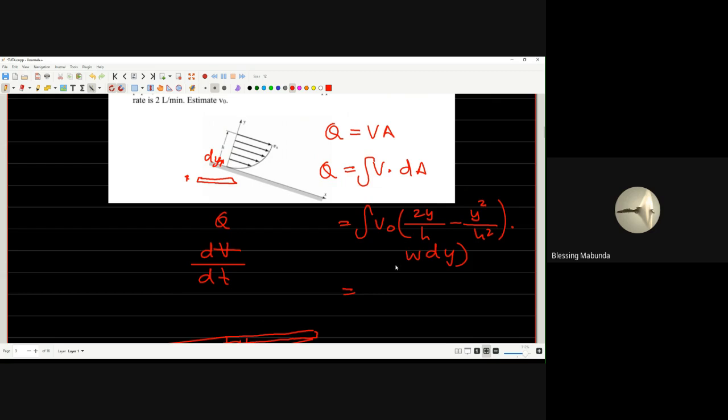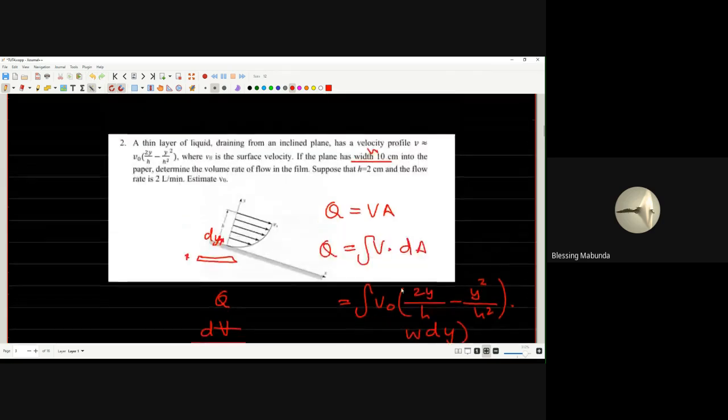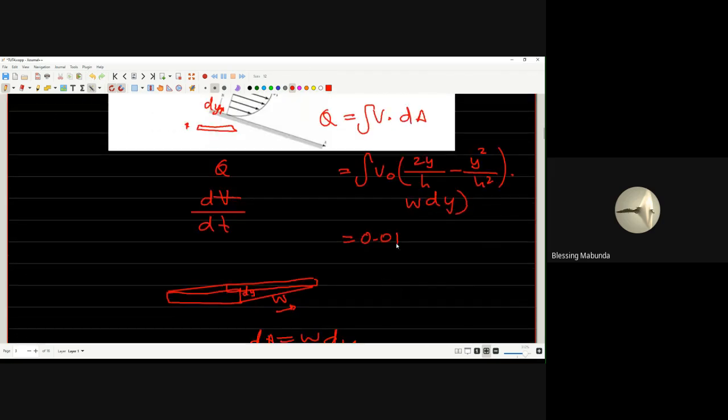For w, you're going to sub in the actual value, which we can take out of the integral. That was 0.1, integral of v naught 2y divided by h minus y squared divided by h squared dy.